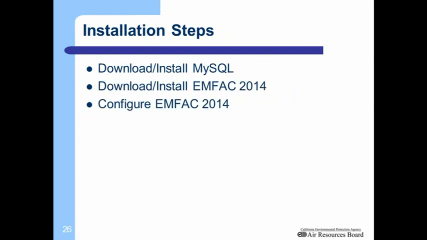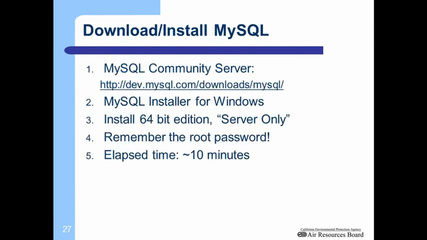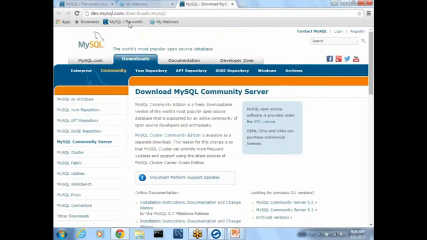So installation steps. First of all, we need to download and install MySQL. Then we need to download and install EMFAC 2014, and then configure 2014. The MySQL community server is free. There are other versions on the website that are not free.